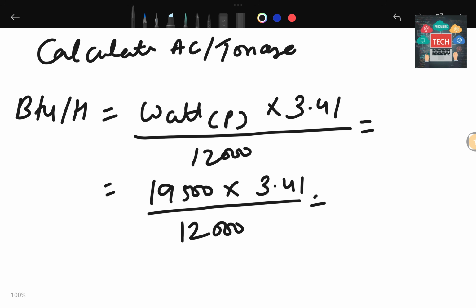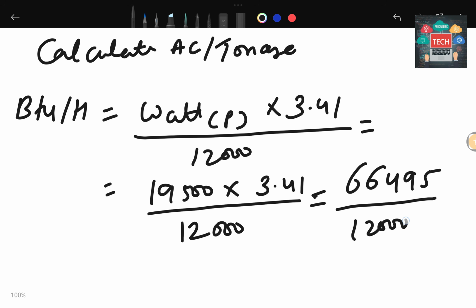19,500 into 3.41 is equal to 66,495, divided by 12,000.